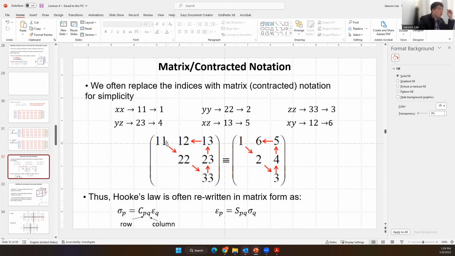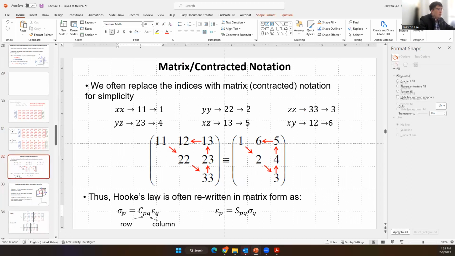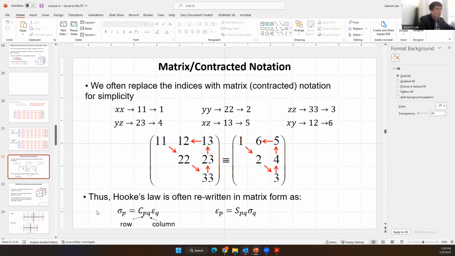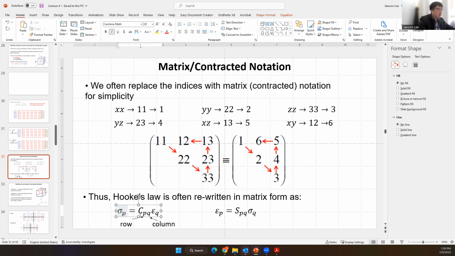So this is 11, 22, 33, 23, 13, 12. It is related to 1, 2, 3, 4, 5, 6. So if we just assume this is P, this is Q, P is the row, Q is the column.